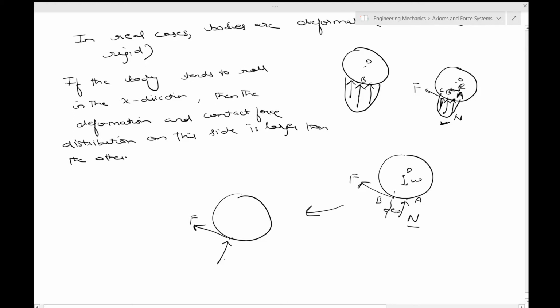N is allowed to act at the same point B, provided you have this additional MF equal to EN. Okay, and then W acts as it is, and so on. So this is equivalent to this. Okay, equivalent force system.